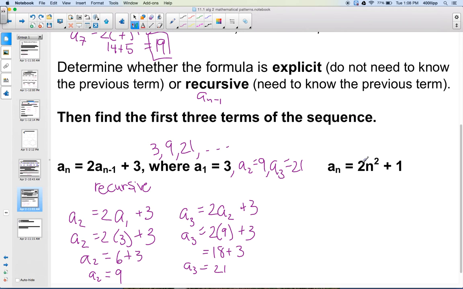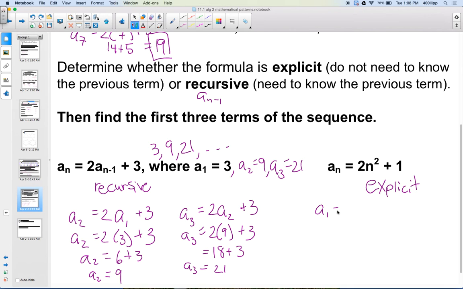Okay, this next one here, there is no previous term, and it does not tell us what the first term is equal to, just like this one did here. So therefore, this formula is an explicit formula. To find the terms for an explicit formula, if I want to find the first term, a sub 1, all you're going to do is take n and plug in 1.